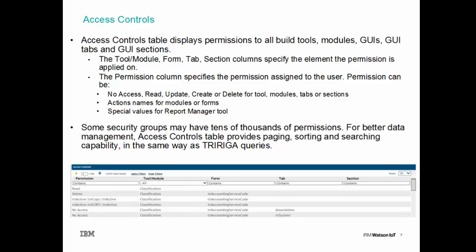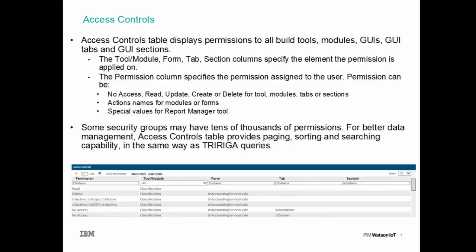For instance, if it's a permission on a form, then the module and the form columns will have values, and the tab and section columns will be empty. And the permissions can take the value of no access, read access, update, create, or delete. Or it can be an action name if the permission is defined on the action name.